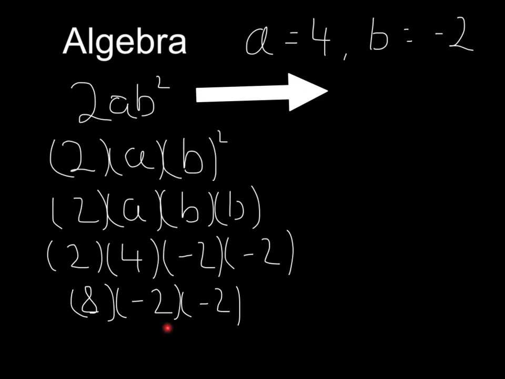So I want to do 8 by minus 2. So I know it's going to be 16, but what is the sign going to be? So the 8 is positive and the 2 is negative. So positive by negative is negative. So that's going to be minus 16.